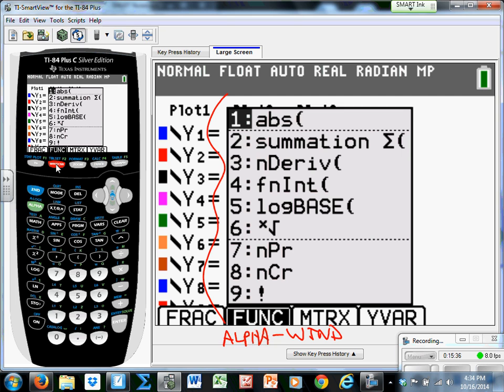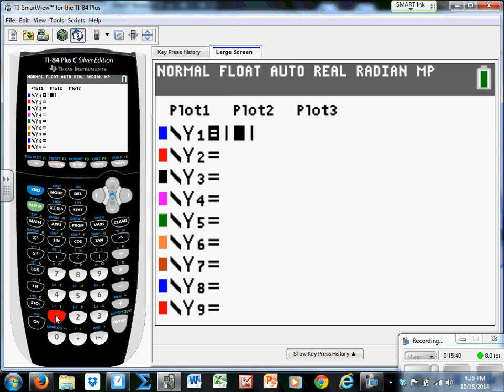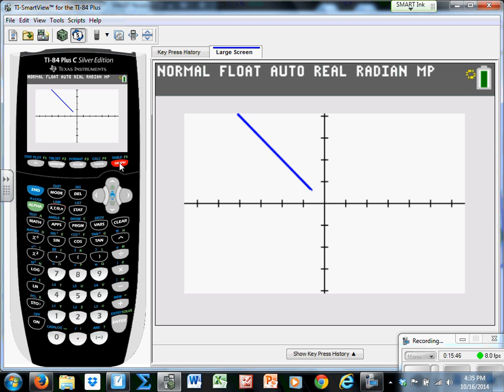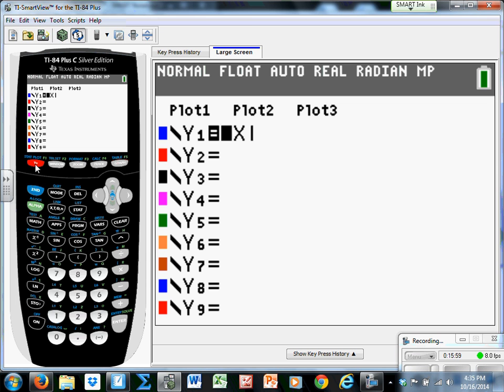The reason I did that is because I want to do absolute value. So now I can push 1, and there's absolute value of x. Now you already know that that looks like a V shape. It has its corner at 0, 0. This is the parent function for absolute value. So what we're going to do is 3 quick little graphs, and all we want to do is try and predict where they're going to go.